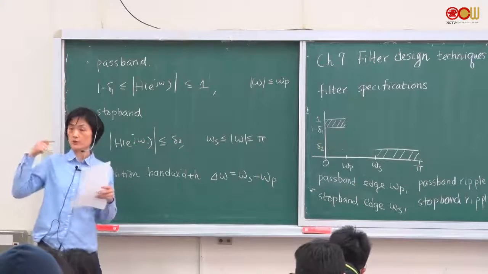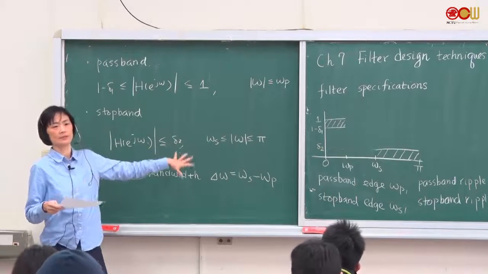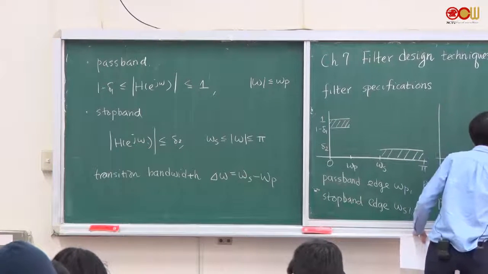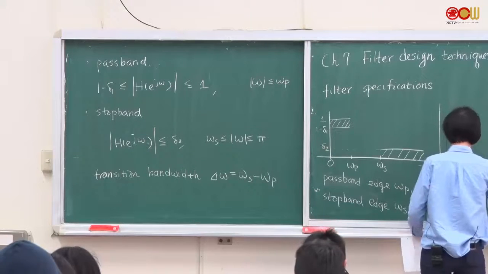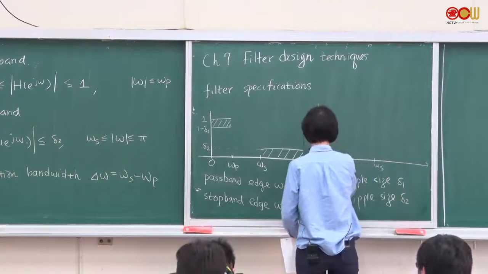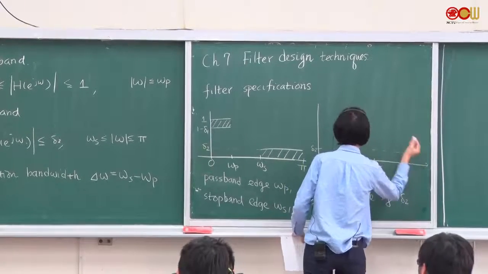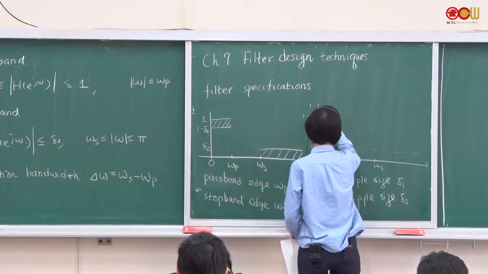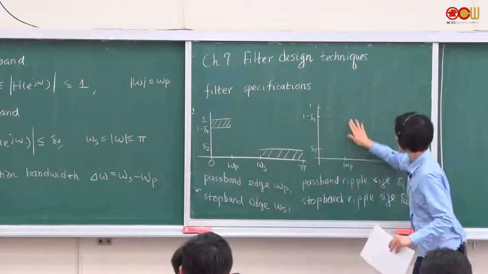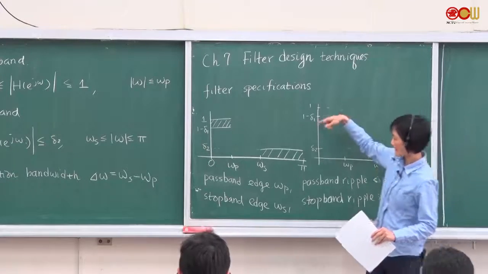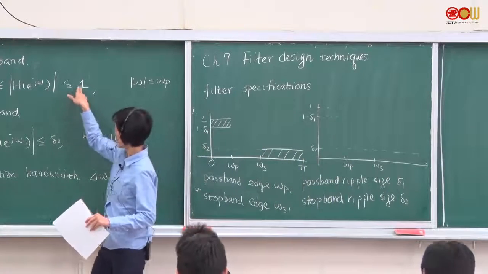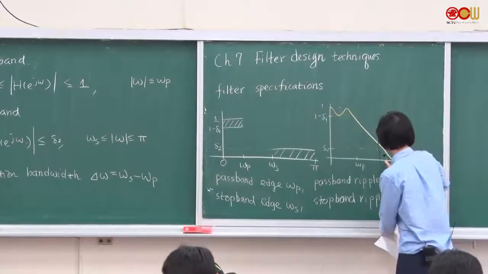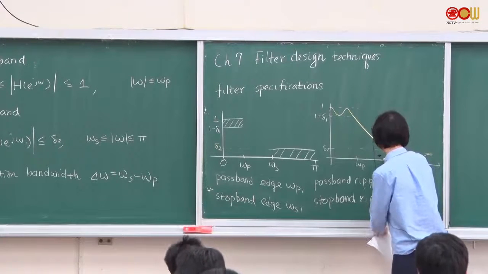Okay, so let's try to draw an example that satisfies this specification. Right here we have omega P, and then omega S, and this is delta 2, and this is 1, and this is 1 minus delta 1. So there we go, that's the specification. Our magnitude can only vary between 1 and 1 minus delta 1 in this passband. So let's say this is the magnitude response, like so.